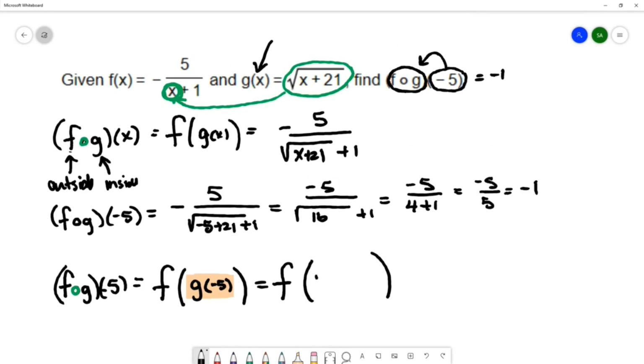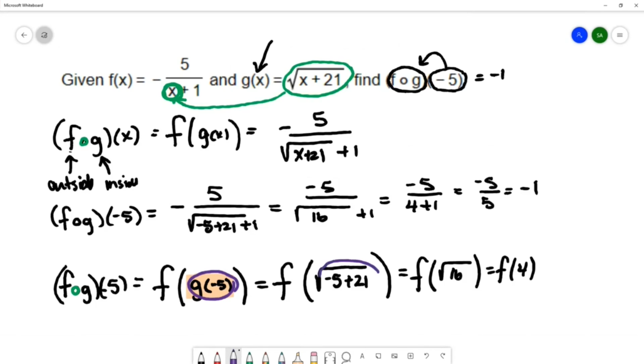So that's square root of negative 5 plus 21. And negative 5 plus 21 is 16, and the square root of 16 is 4. And now that I've worked out the inside, I can now work out f of 4. f of 4 means to substitute a 4 into the function called f.